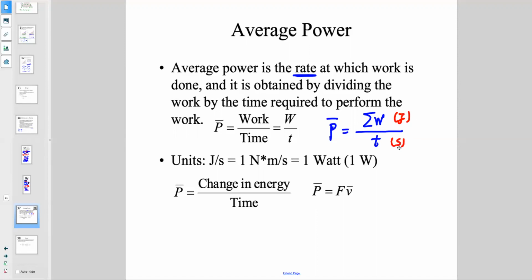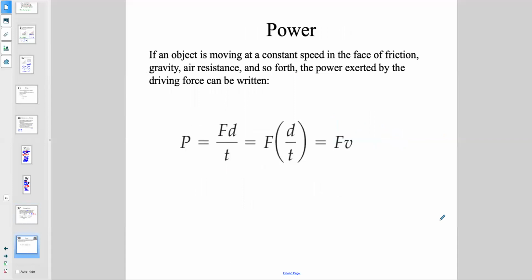So you have joule per second, or what we call watts, or W. As you can see right here, joule per second is watts. So the change in energy over time, or joule per second, will give you the watt, the unit of power.